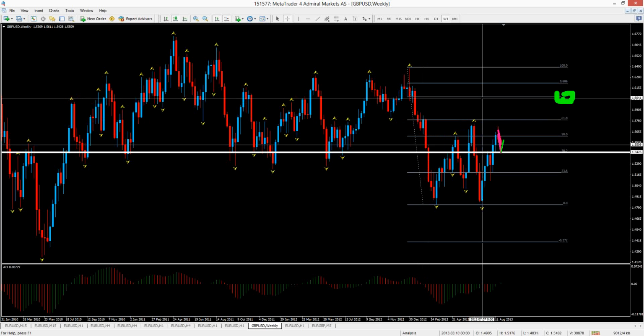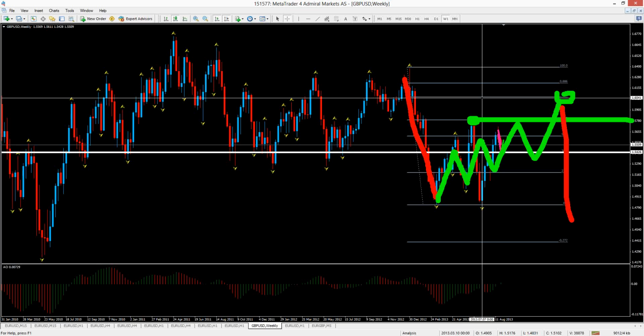That's the 786. We stopped at the 618. So here too, it's always a question of the currency moving impulsively and then correcting from one fib to another, one fib to another, and then either breaking one way or another. That depends on the higher time frame.